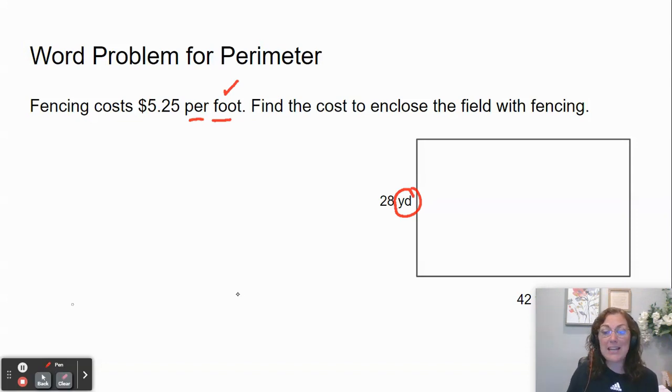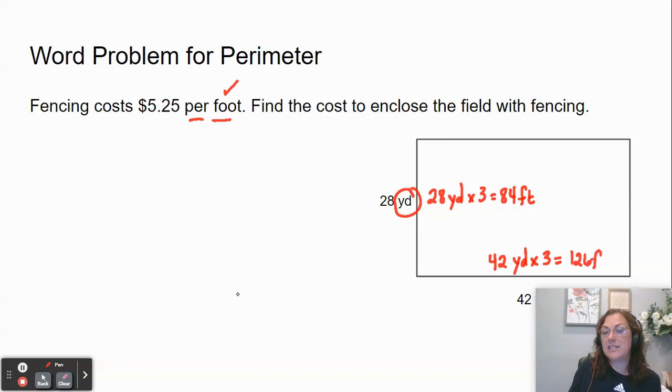So I think one of the easiest things to do is convert these yards to feet first. 28 yards, if we multiply by 3, will give us 84 feet. And 42 yards, if we multiply that by 3, will give us 126 feet.